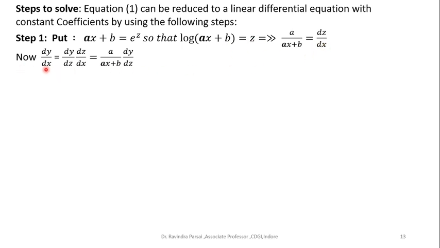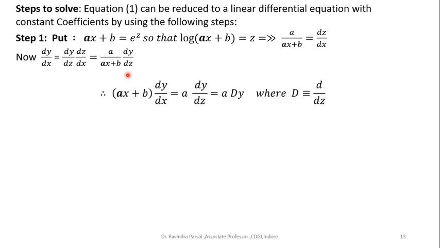Therefore, you can find dy by dx, similar to the previous case, as dy by dz into dz by dx. So the value of dz by dx is a upon ax plus b, giving dy by dz. Next we multiply, or shift this to the left side: ax plus b of dy by dx equals a into dy by dz. This you write again in operator form, a into D of y.